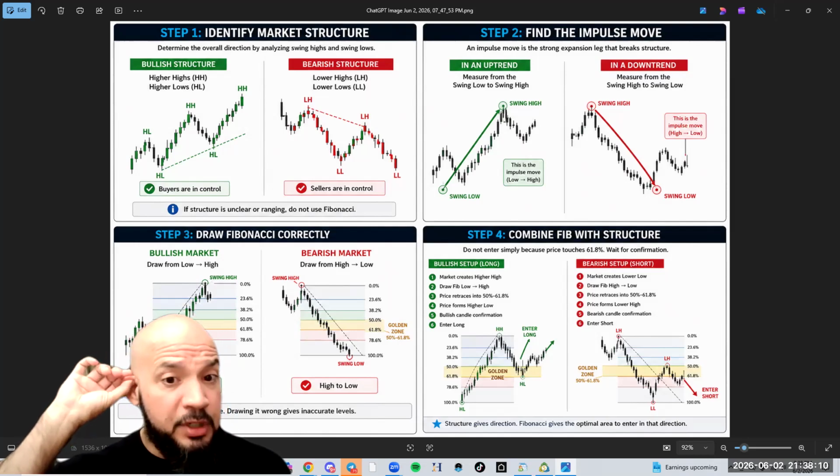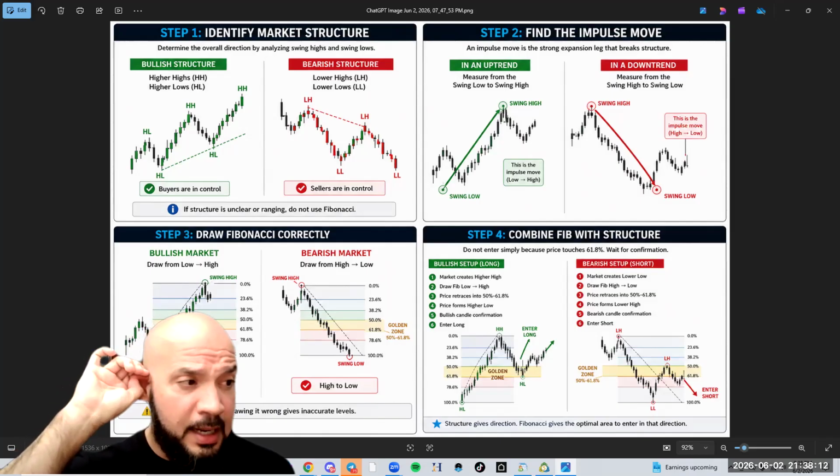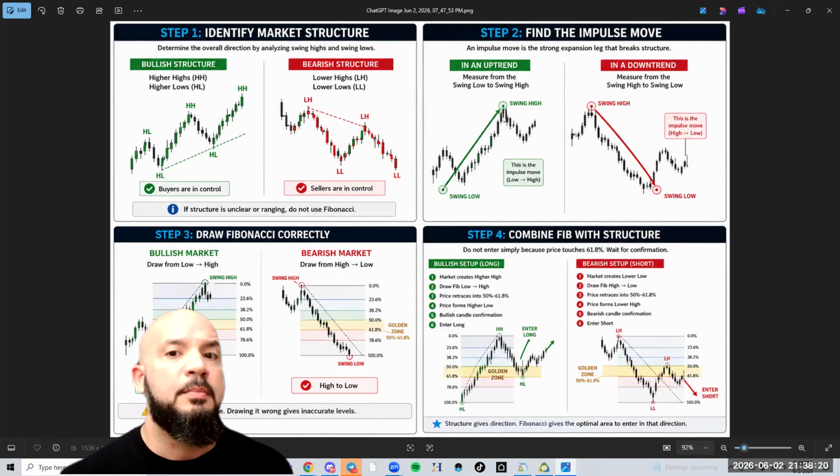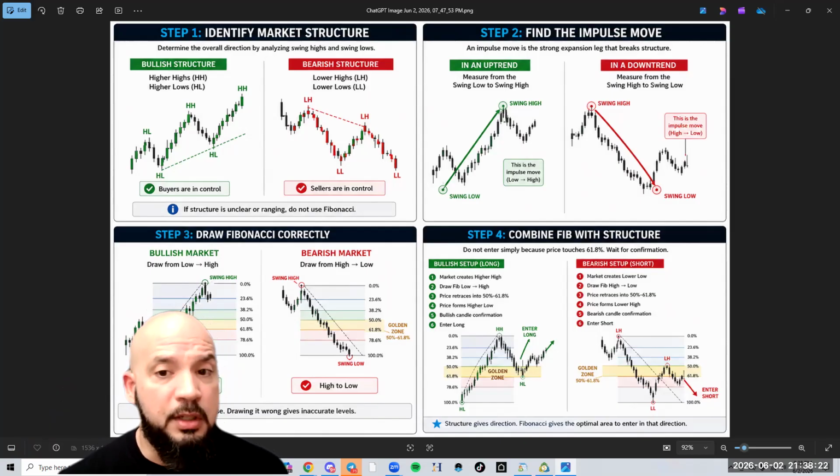Correct. The reason why I do that, and I have the ability to do that, is because I used to wait for confirmation before I entered trades. But it goes back to market structure. I got so good at market structure, guys, that my analysis has a high probability win rate.